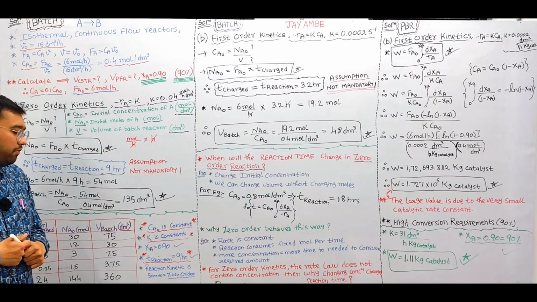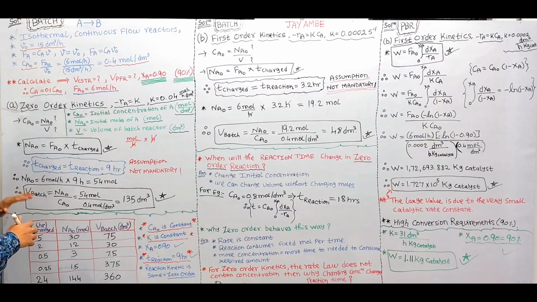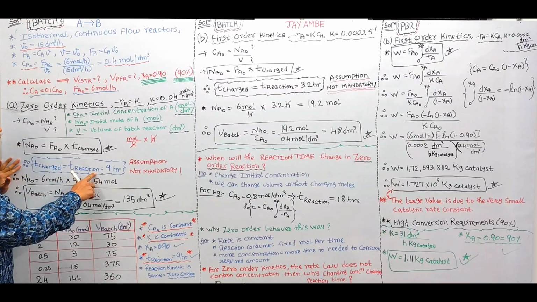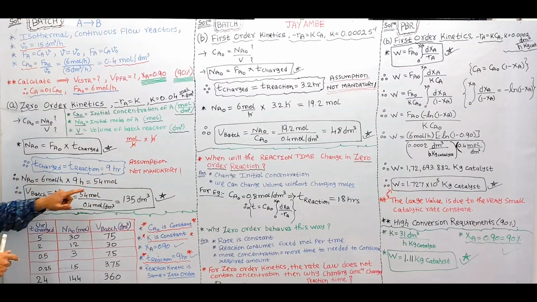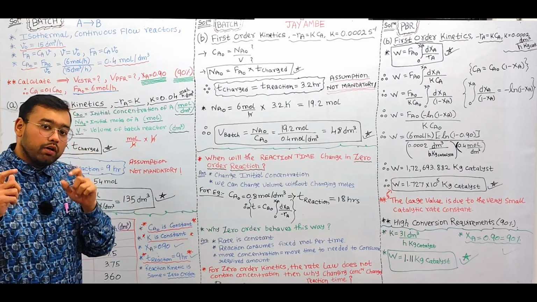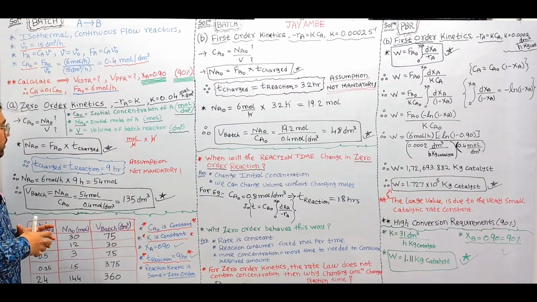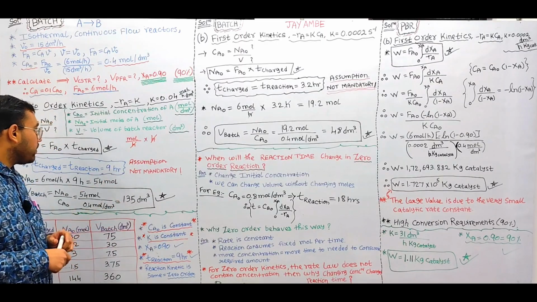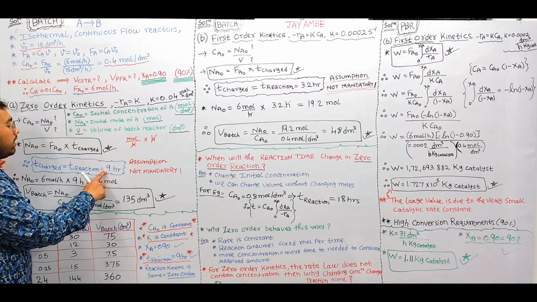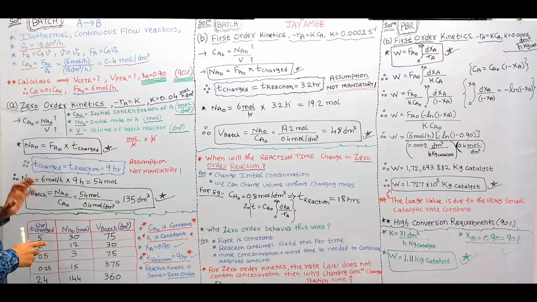So let's say here the charge time is equivalent to the reaction time, which is 9 hours. This 9 hours reaction time we calculated in the previous lecture, lecture number 13, by using the performance equation of the batch reactor for zero order reaction kinetics.